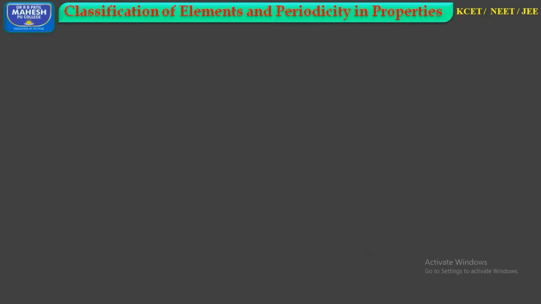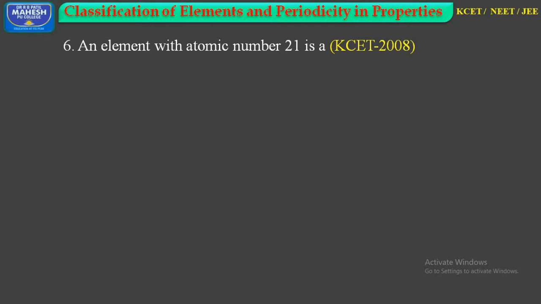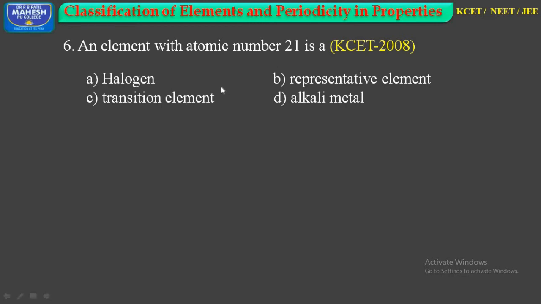Now let us consider question number 6. An element with atomic number 21 is: option A, a halogen; option B, a representative element; option C, a transition element; and option D, an alkali metal. Students, they are giving you atomic number as 21.